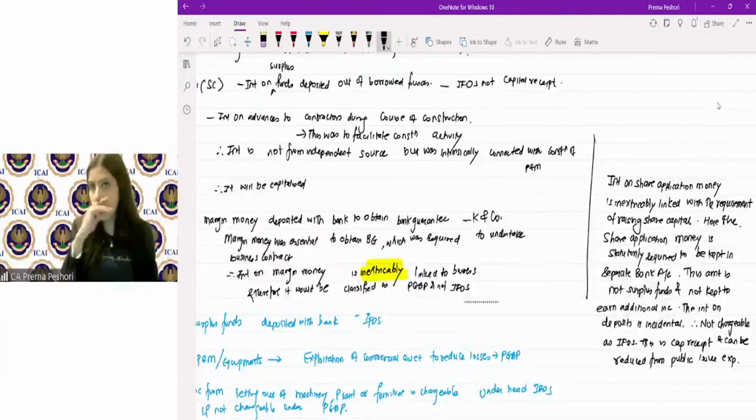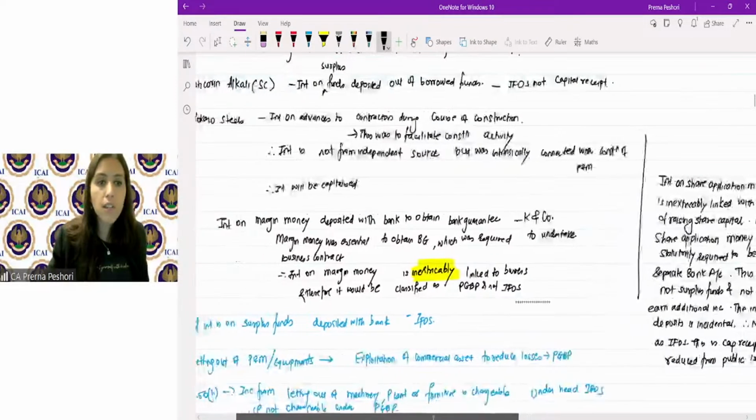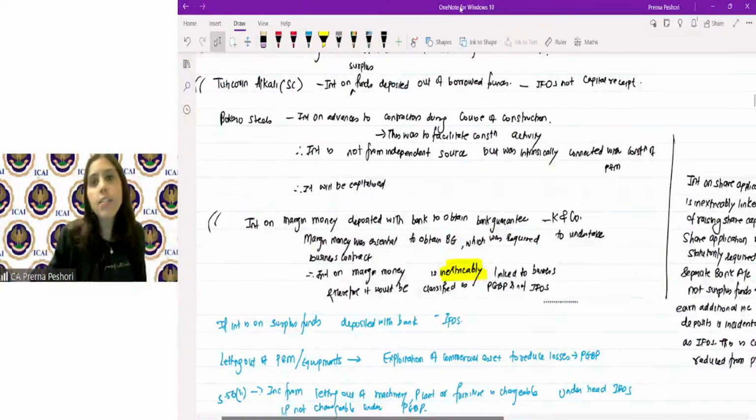So any share issue expenditure, if it is for the new company or the existing company when you are making the new share issue, so you can obviously claim the deduction under 35D for the period of 5 years. So there you will reduce this interest income because this is not income from other sources. So if you remember, I had written over here clearly that if interest is on surplus funds deposited with the bank, then only it is income from other sources.